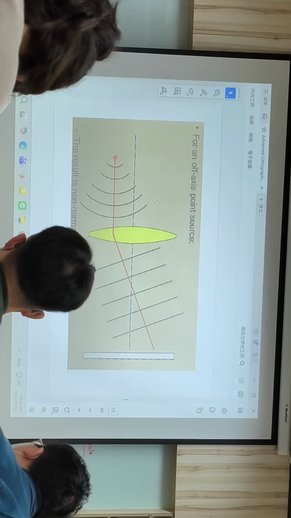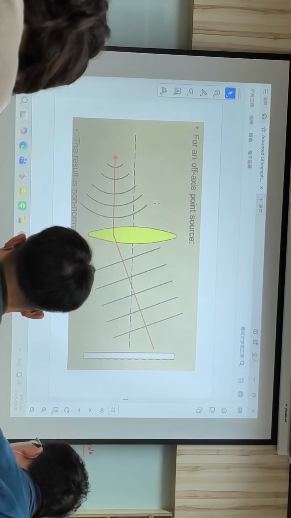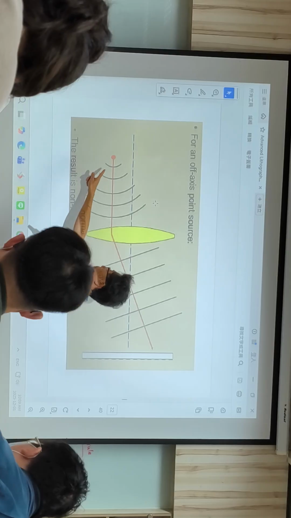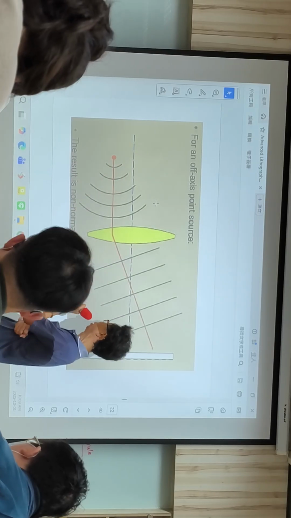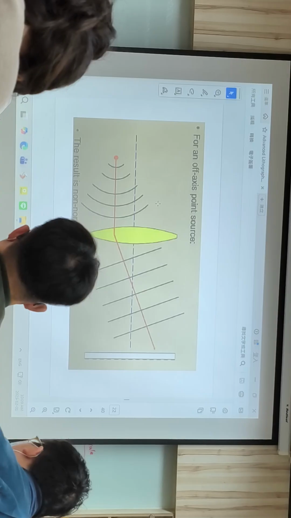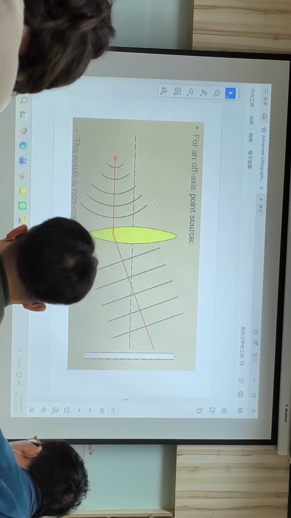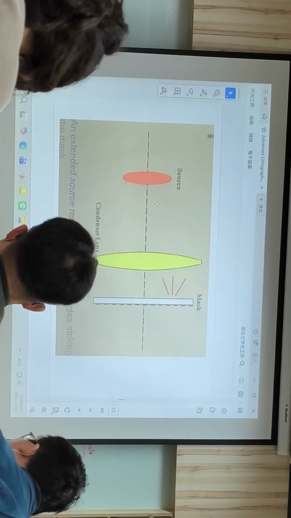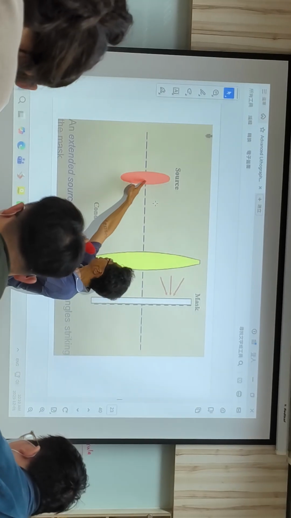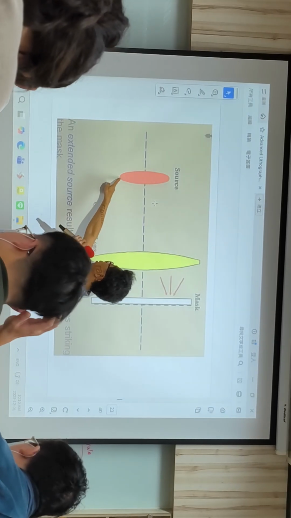if we have a light source that has a combination of these two, what would it look like? Somewhere is coming from here, and somewhere from here.